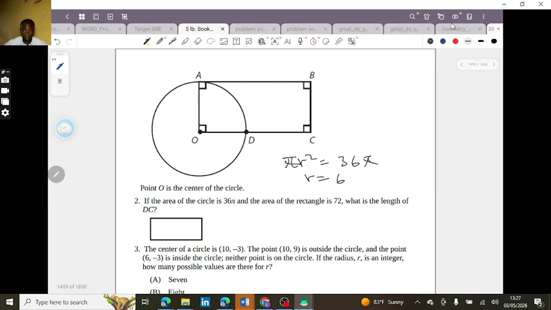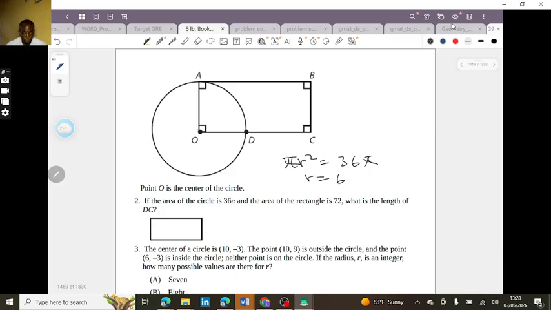Are you here with me? Are you still connected? All right. What is AO? Are you seeing AO? What is the distance AO? Are you really there?